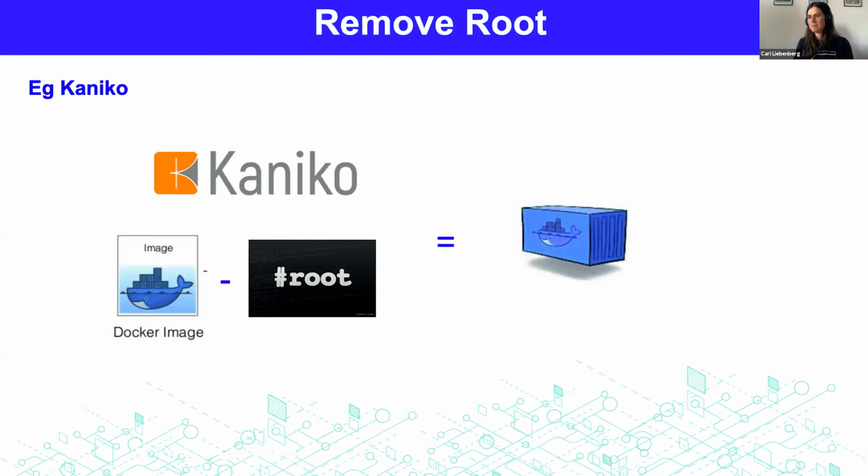This is just a best practice. One gotcha with Kaniko, my colleague pointed it out to me: Kaniko uses root to remove root. So if you have any issues where you can't have any root whatsoever, Kaniko might not be the solution for you. But I've been working with clients that don't mind that Kaniko has root. They're willing to manage the risk of where they know the root is going to be. So it works for some environments.